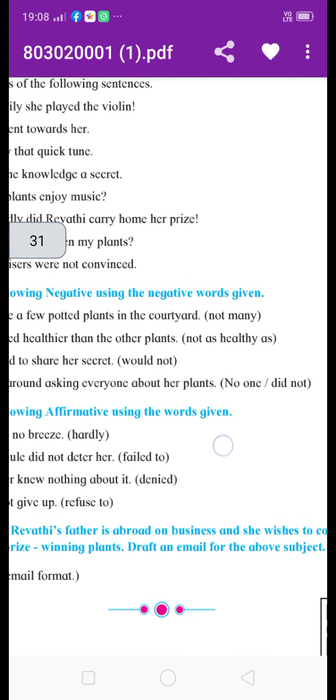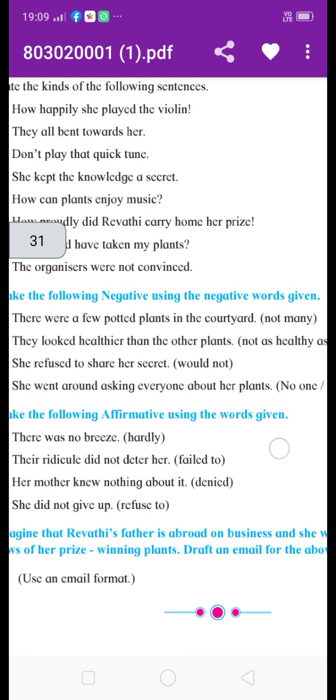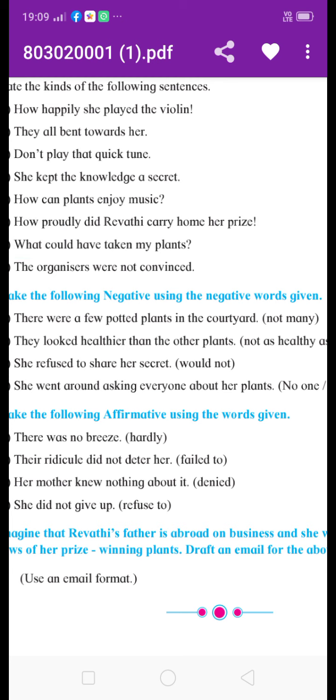We can write 'no one' or 'did not'. She did not omit anyone when she went around asking about her plant. Or also we can write, she omitted no one when she asked about her plant. Like this way we can write.